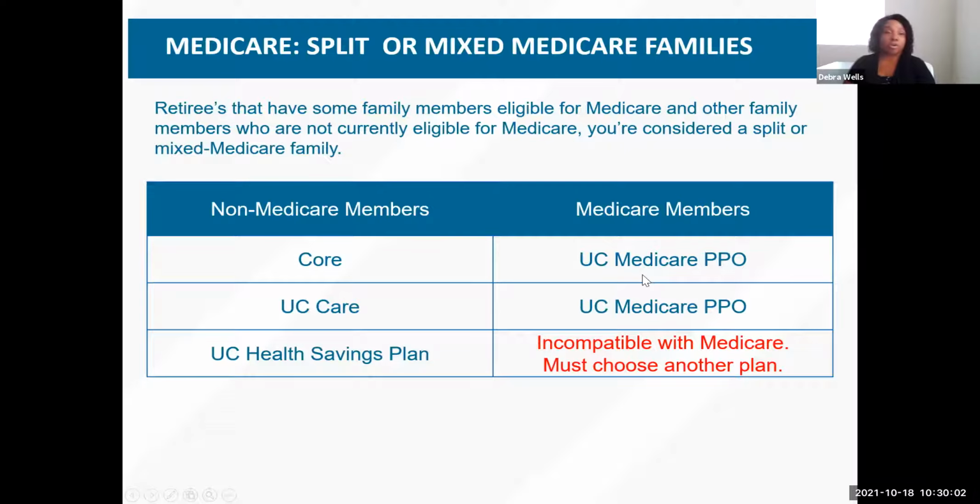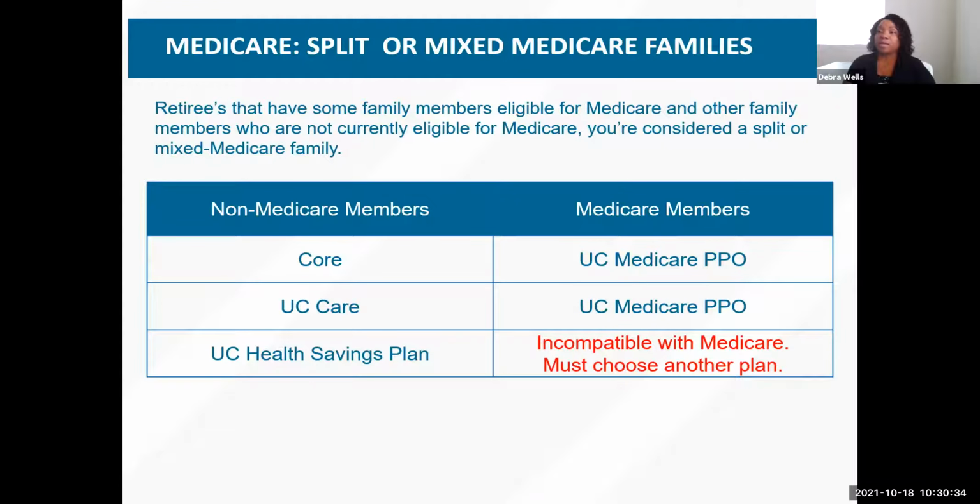So we don't kick your Medicare family members off the plan or your non-Medicare family members off the plan when someone is aging into Medicare. You're just considered a split family. Again, with the UC Health Savings Plan, you want to make sure that you look at all the other medical plans that UC offers and select a plan because Medicare is incompatible with this plan.